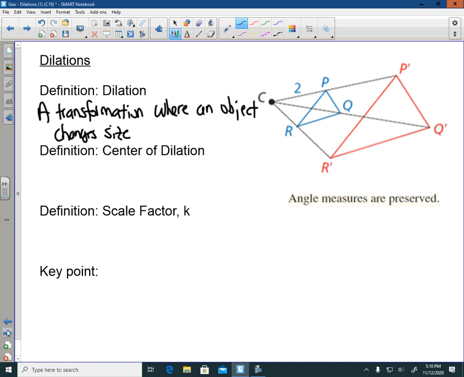And so we have to have a starting point for that. And the starting point for a dilation is called the center of dilation. That's where we're going to be measuring our dilation from. So the center of dilation is a point from which a dilation is measured.